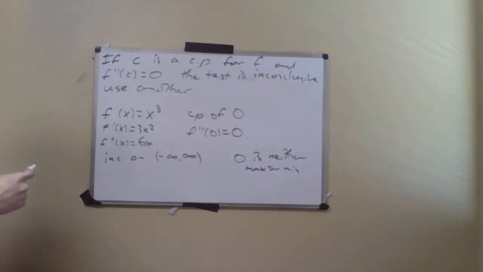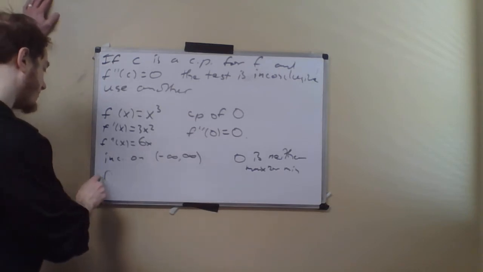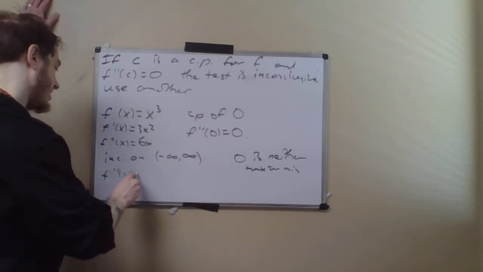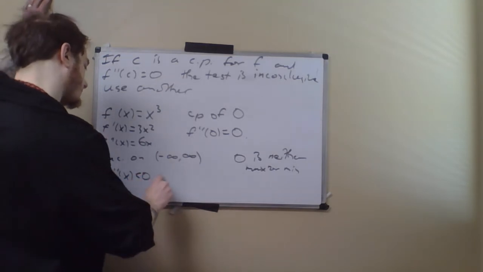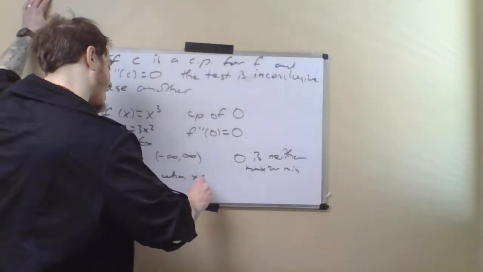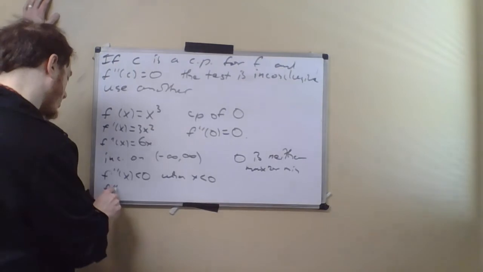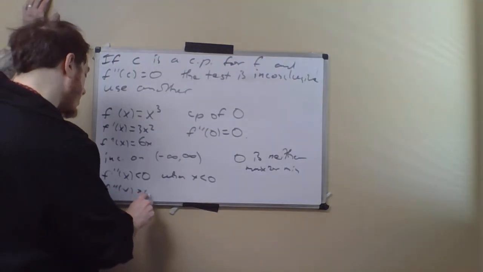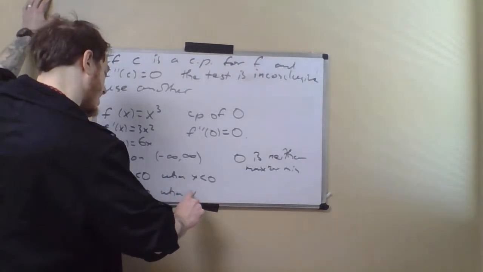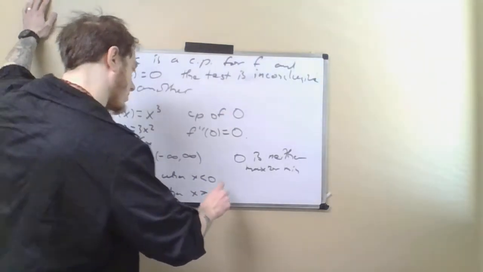And in terms of inflection points, what we notice is that we do get an inflection point, because you'll notice that f double prime of x is less than 0 when x is less than 0, and f double prime of x is bigger than 0 when x is bigger than 0.